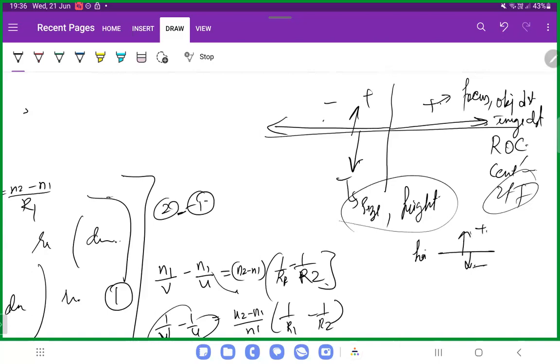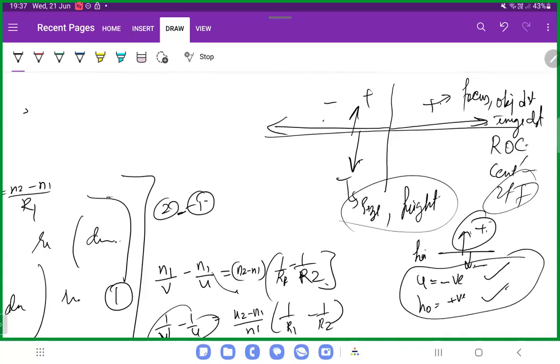And we will keep everything on the left side. The object will be on the left side. We'll start our object on the left side, so its distance is negative, and the height of the object will be positive. See, left side and upright. This thing is fixed.